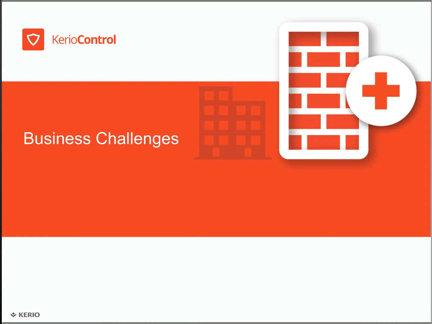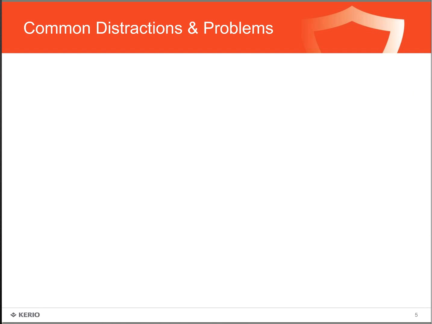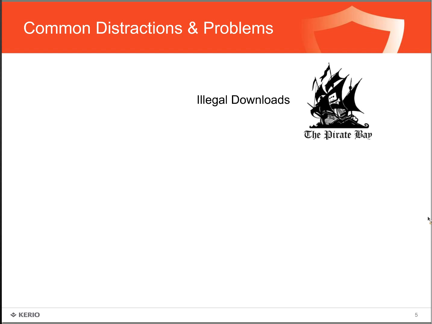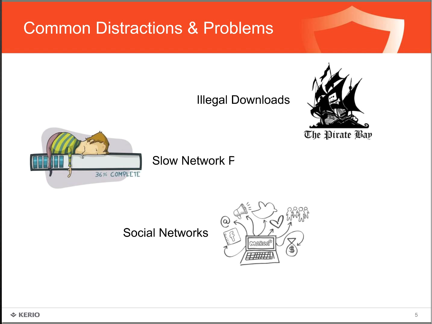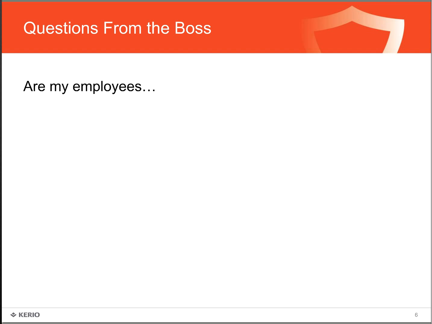So what are business challenges you are faced with pretty much every day? First of all, we have, of course, maybe people doing illegal downloads in your network. You have people using definitely social networks like Facebook or Twitter or whatever. And of course, all this can also result in slow network performance. All those topics you see here, you may have also heard as questions from managers or from the boss.